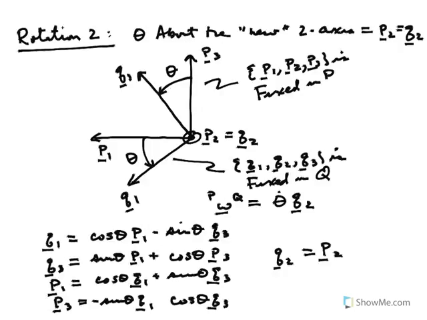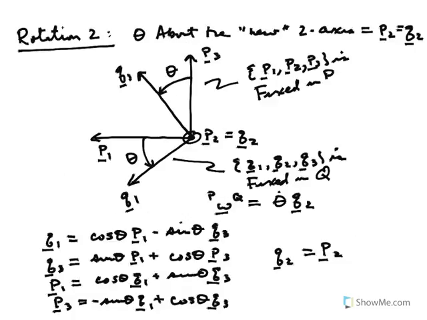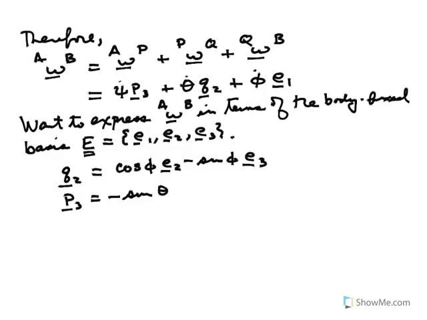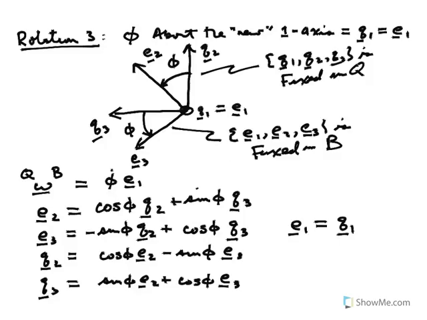You'll see that P3 is equal to minus the sine of theta Q1 plus the cosine of theta times Q3. So let's write that down. P3 is equal to minus the sine of theta times Q1 plus the cosine of theta times Q3. Now from that result, we can substitute in.